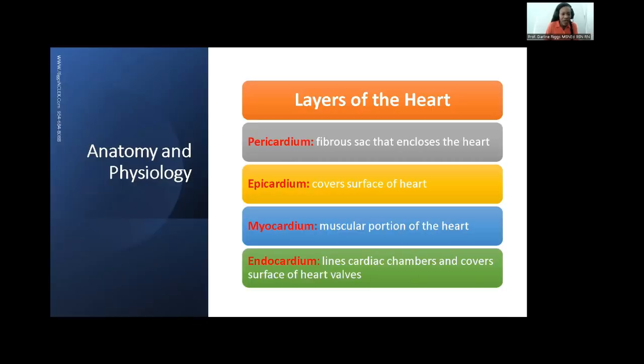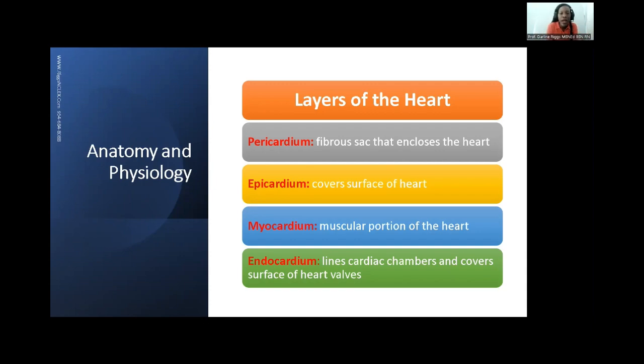Now, with cardio, first thing first, you have to understand that the heart has layers. Literally, there are multiple layers to the heart. So the very first layer that you can tap into if you cut somebody open would be what we call the pericardium. So that is the sac that surrounds the heart.